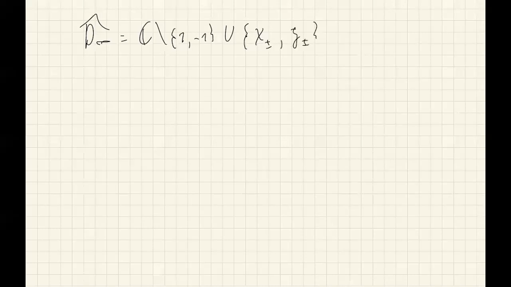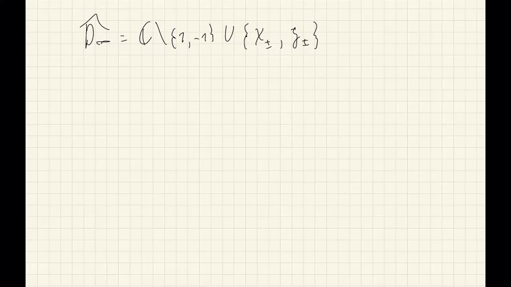Yeah, and they are attached to 1 and minus 1. But symmetric sets may have double points only in pairs.